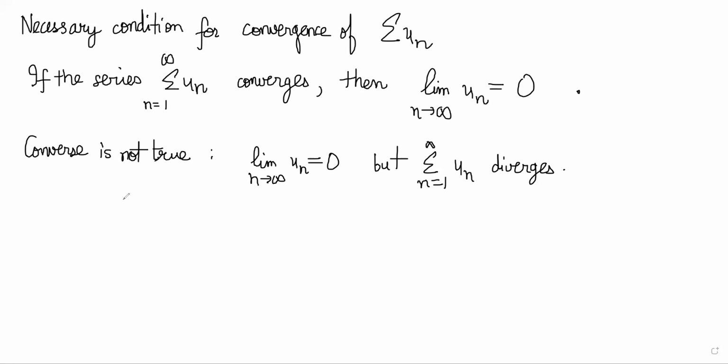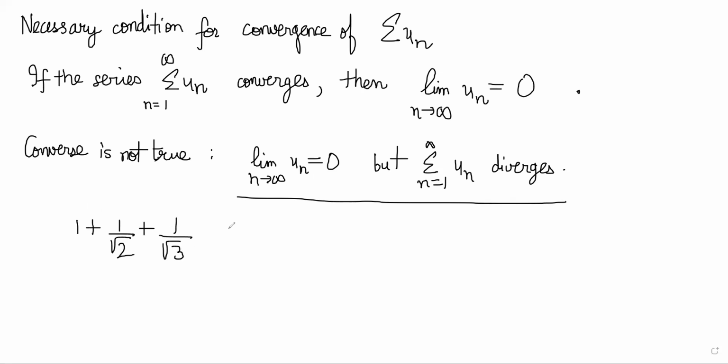Okay. So for example, you can take the example of a series like this: 1 plus 1 by root 2 plus 1 by root 3 plus ... plus 1 by root n. Right, so this is my series.